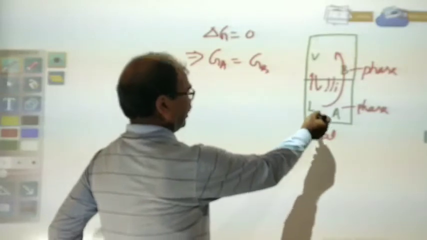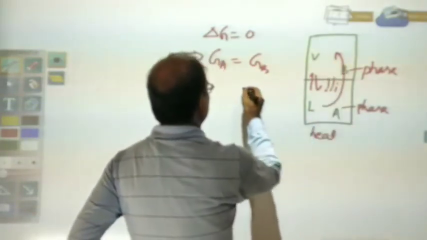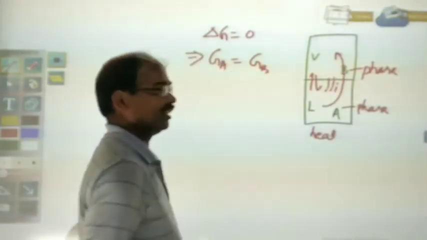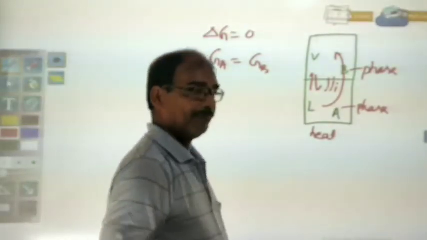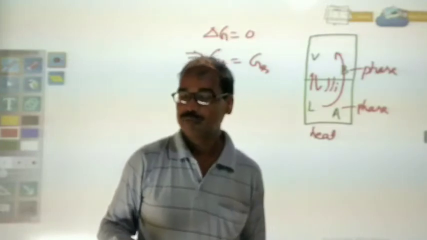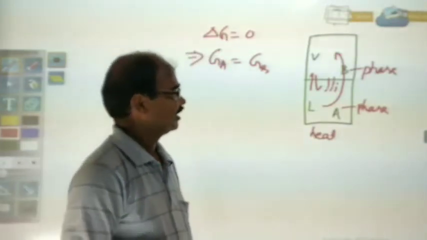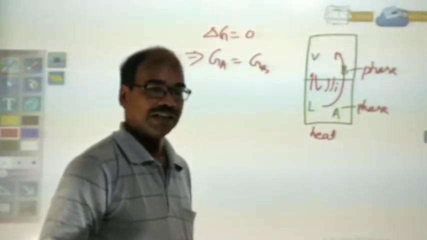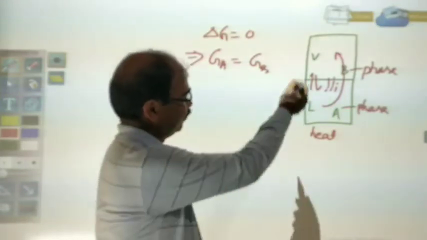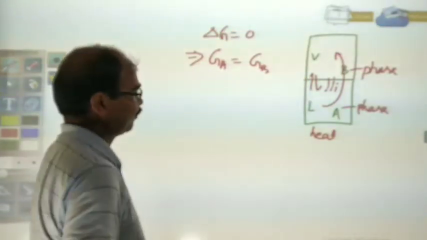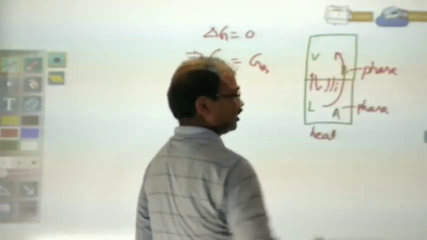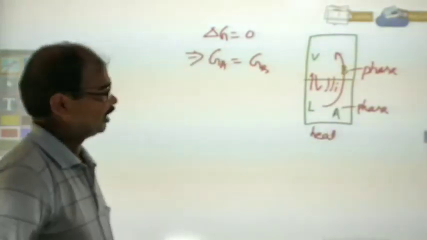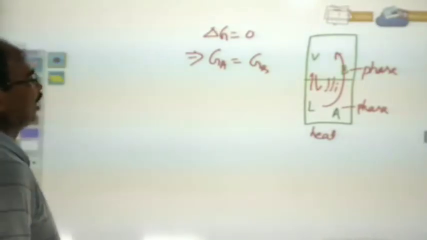So when these two phases are in equilibrium, the free energies of the two phases are also the same. This indicates that for the same amount of a pure substance in two phases, their free energies become equal.